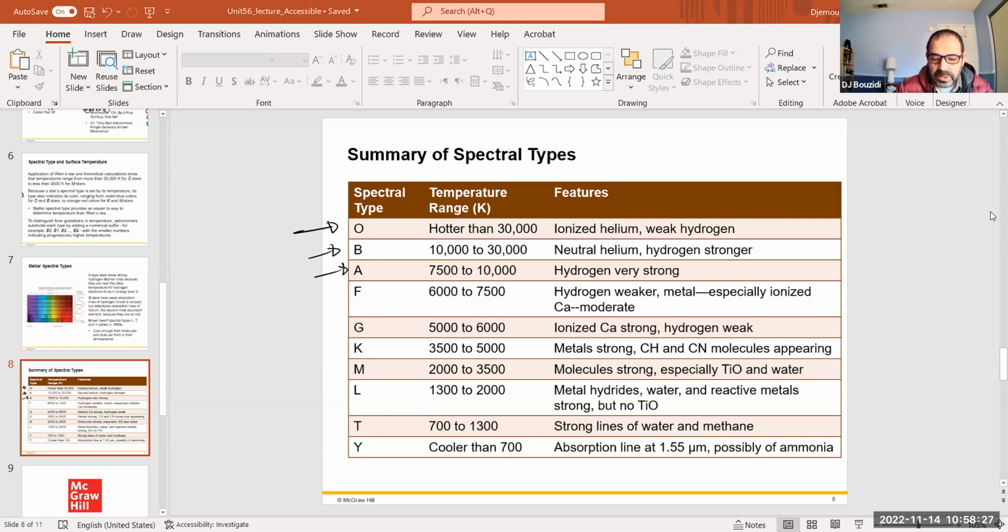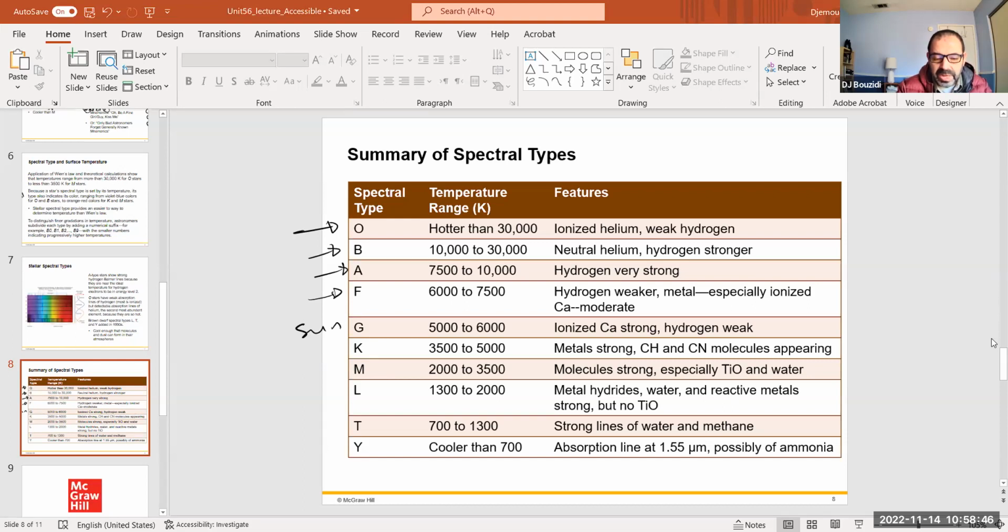Hydrogen is weaker, metal, especially ionized calcium, in this case for the F classification. For the case of the sun, which is of a G type, so this is where the sun sits, it's a G2 actually. Ionized calcium is strong, hydrogen is weak in this case.